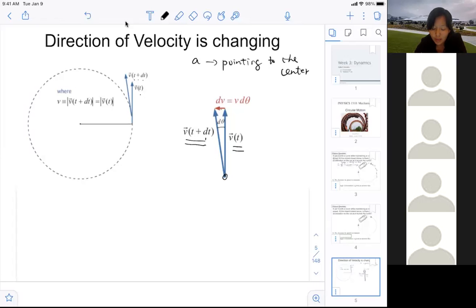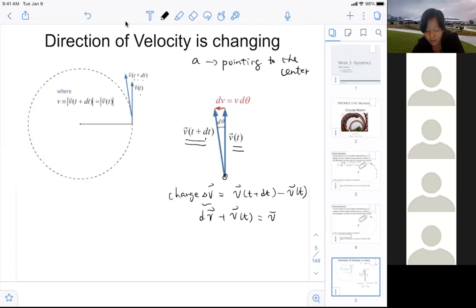And you can see the change, delta v, is velocity at a later time minus the velocity at an earlier time. So you can see that the little change delta v is represented by this red arrow because the head-to-tail method shows dv plus v at the beginning of the instant gives me the velocity at a later time.